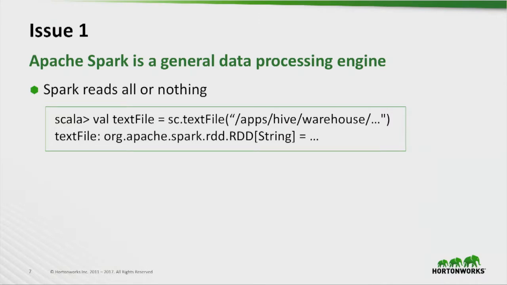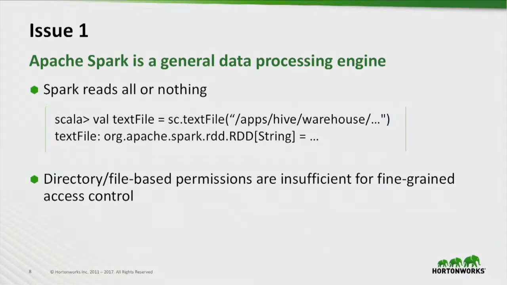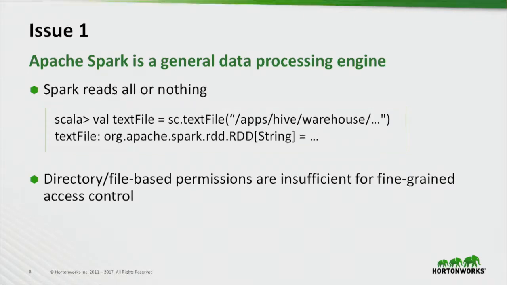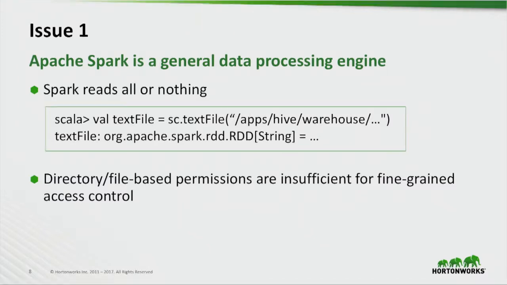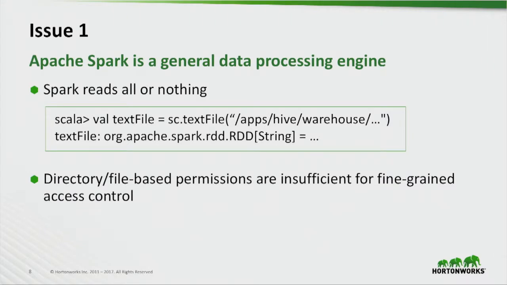In other words, all Spark SQL users can see the same result from the same data. So directory and file-based permissions are insufficient for fine-grained access control. This is one of the main reasons Apache Spark does not support this kind of standard SQL authorization until now.